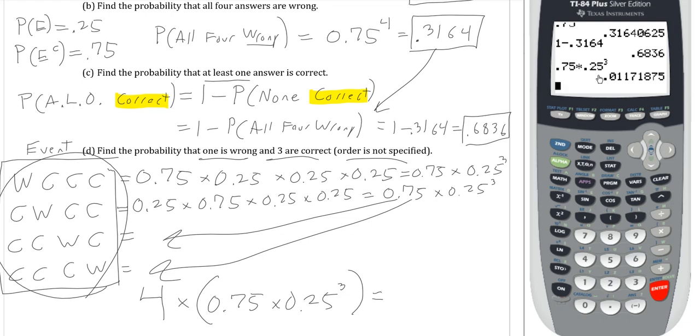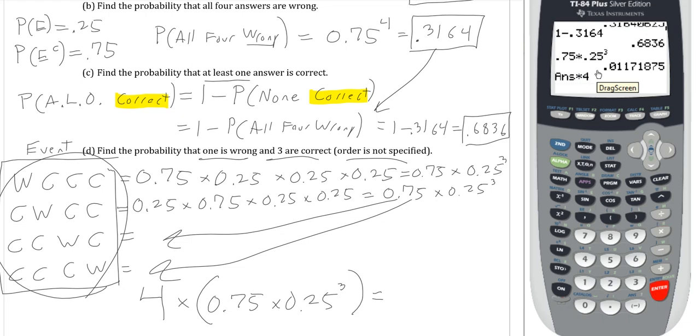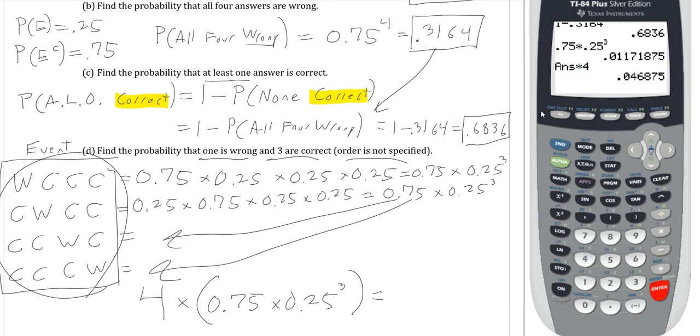Therefore, I can find this answer by taking the number I have in my calculator there and multiplying that by 4. What we get is 0.046, and we've done 4 decimal places, so 0.0469. And that would be my final answer.